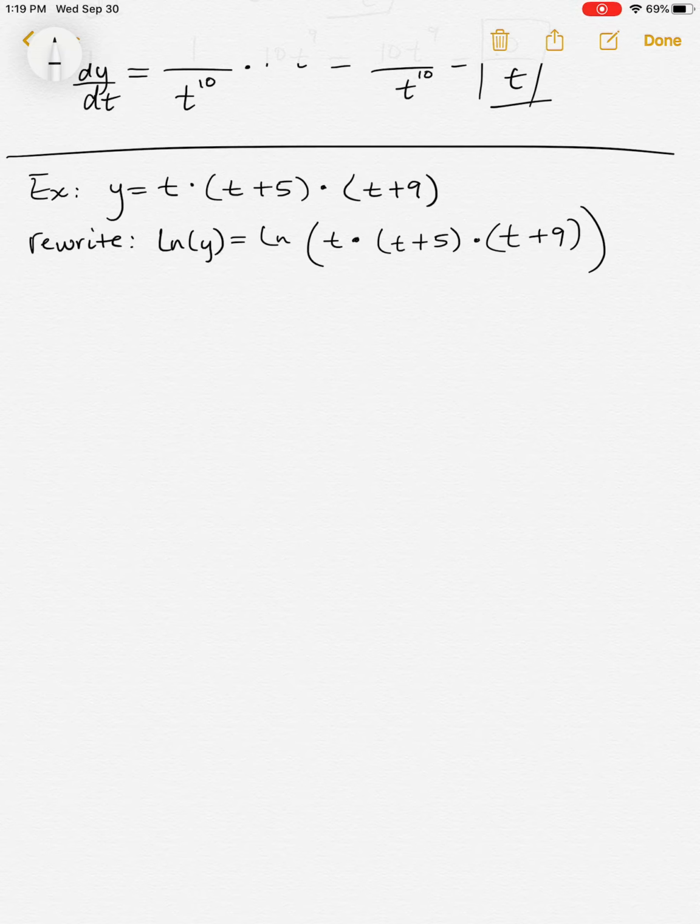Now, log properties leave me with natural log of y equals natural log of t. This is a product, and a product says I can separate all of those by addition.